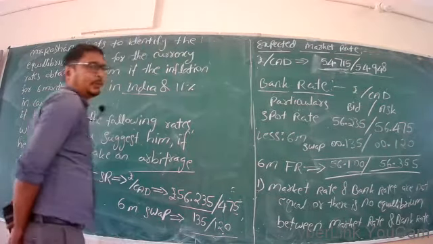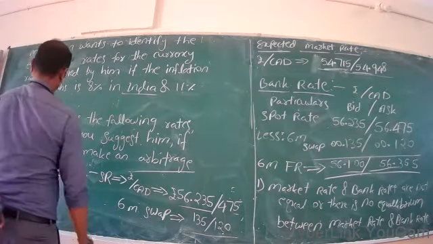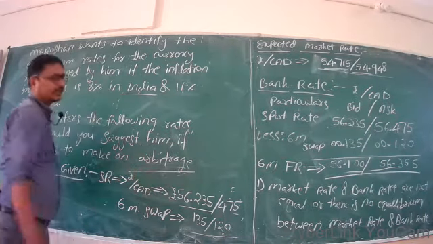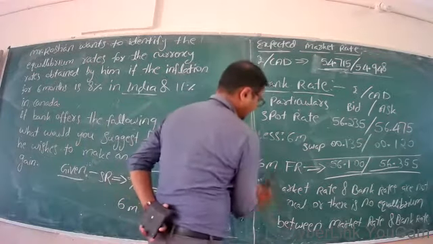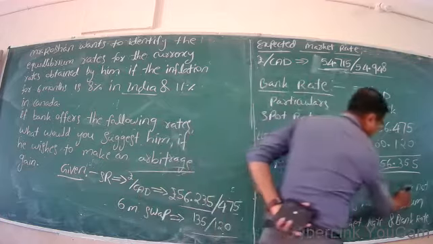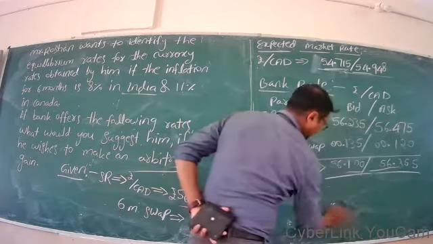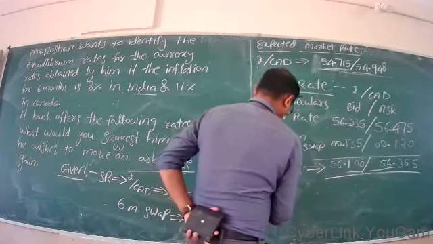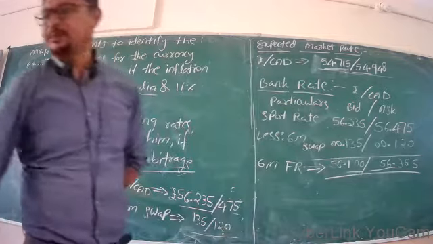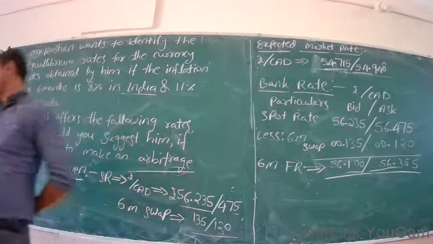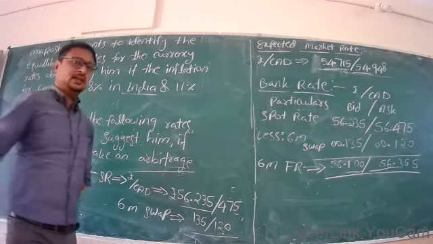Now the second part of the question they are asking is to make an arbitrage, buying and selling of the currency. In detail we will discuss in next classes, because you will get a 15 marks question related to arbitrage in your SEM exam, and arbitrage is a very important topic when you study multinational business finance, right?